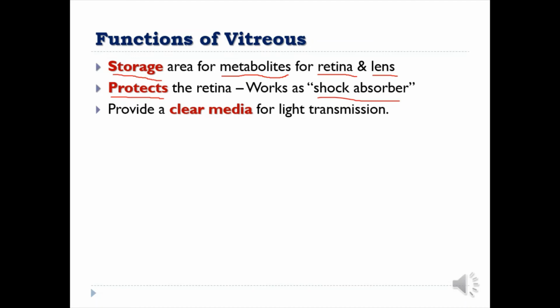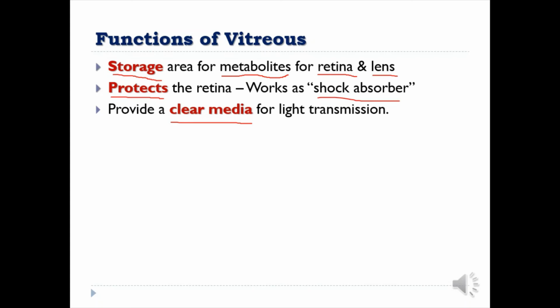And thirdly, it provides a clear media for light transmission. So we know that it is a transparent structure. Now you remember why the hyaloid blood vessels of the primary vitreous are absorbed: because the vitreous needs to be transparent. If the primary vitreous blood vessels, that is the hyaloid arteries, still remain there, the vitreous cannot be perfectly transparent.